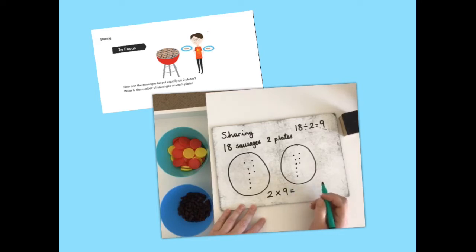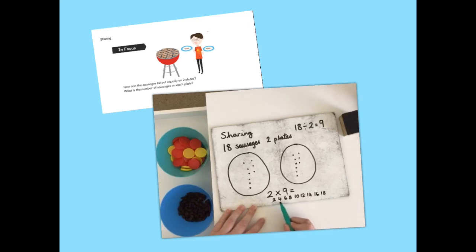And to check, I'm just going to count in twos, and sometimes you might even want to write your twos down. 2, 4, 6, 8, 10, 12, 14, 16, 18, and I can just check that there's 9 there. 1, 2, 3, 4, 5, 6, 7, 8, 9. So I can see that my answer is correct by checking it with multiplication.